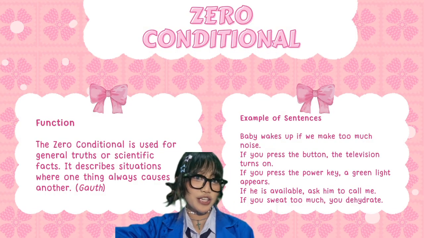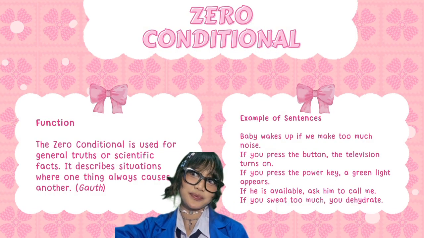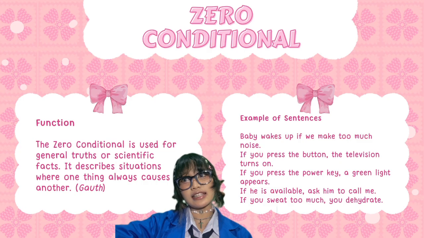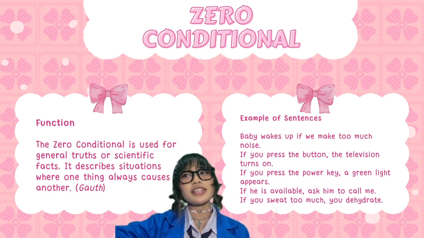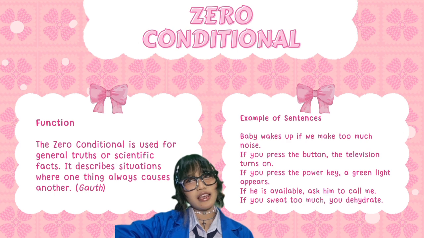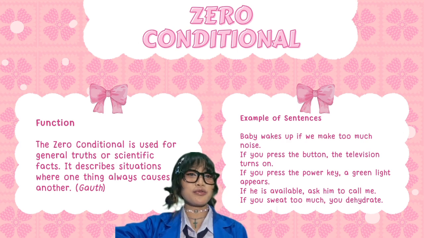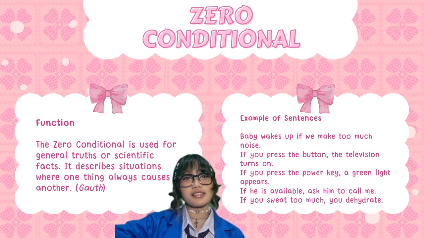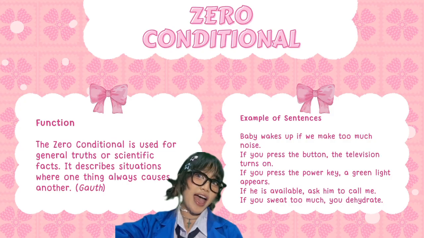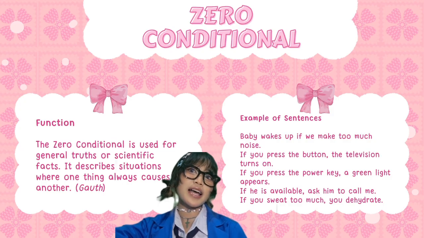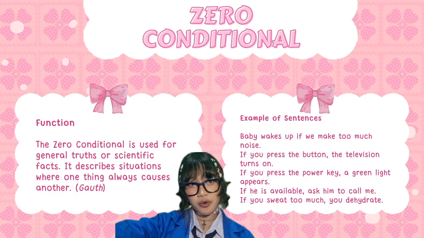Next, we're gonna talk about zero conditional. The function is, the zero conditional is used for general truths or scientific facts. It describes situations where one thing always causes another. The example sentences we have: baby wakes up if we make too much noise.